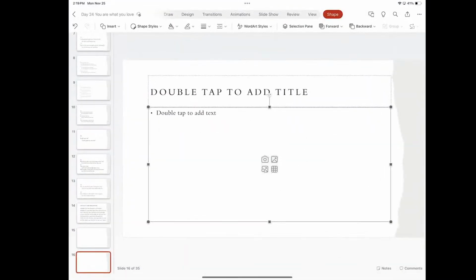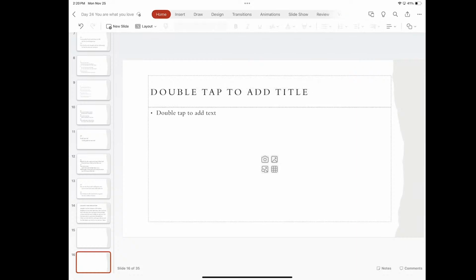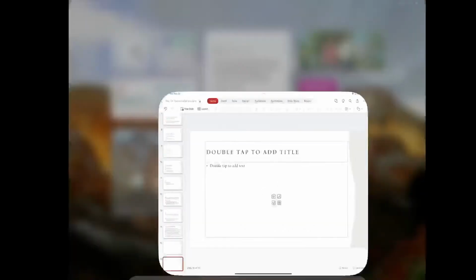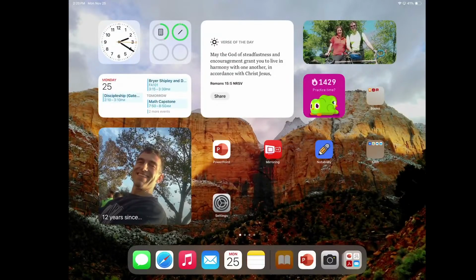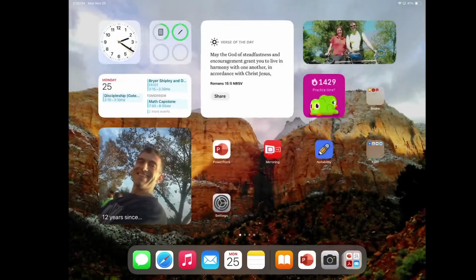Let's see if this works. Come on. Okay, it's not letting me paste this in here for some reason. I give up.